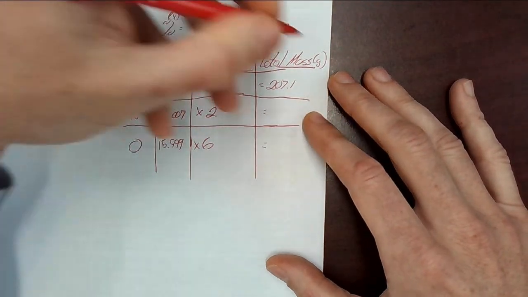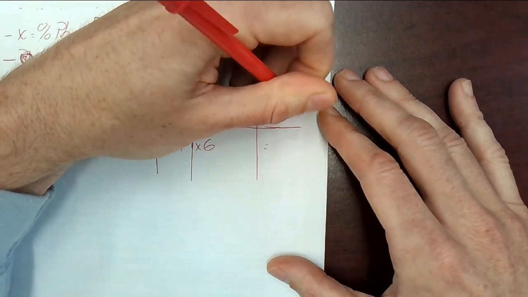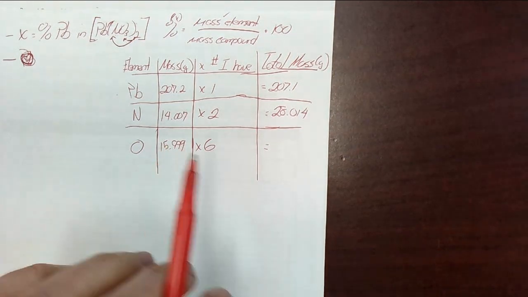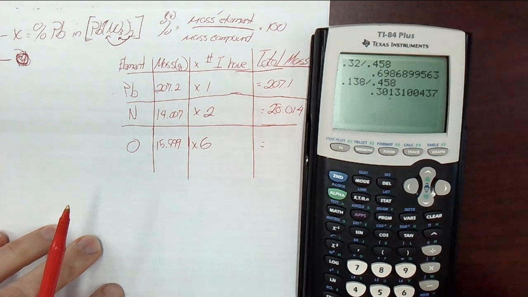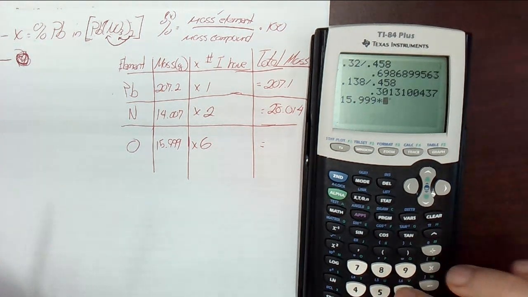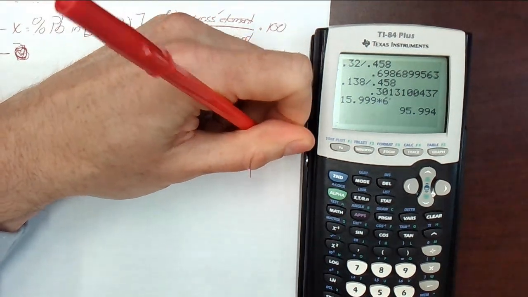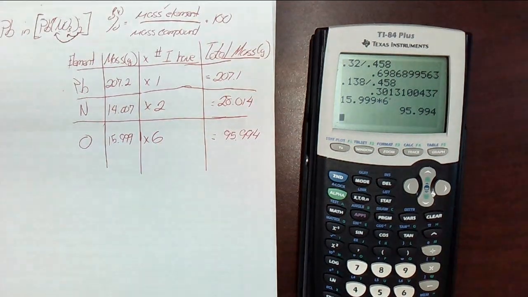So that's 28.014. And I'm going to go ahead and grab the calculator for this one. 15.999 times 6, and we have 95.994. And we never round anything in the middle of a calculation.